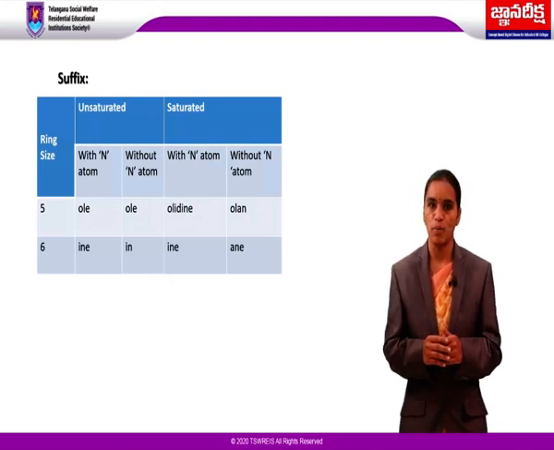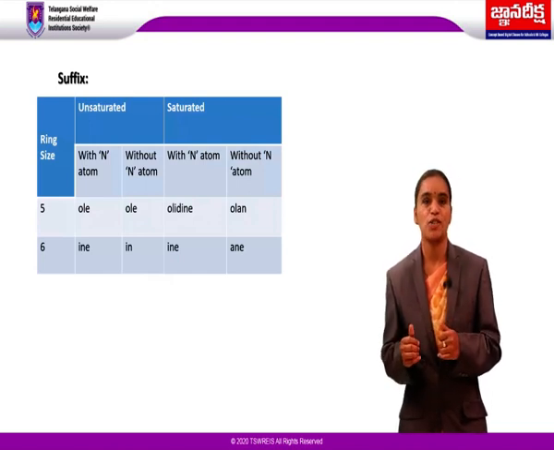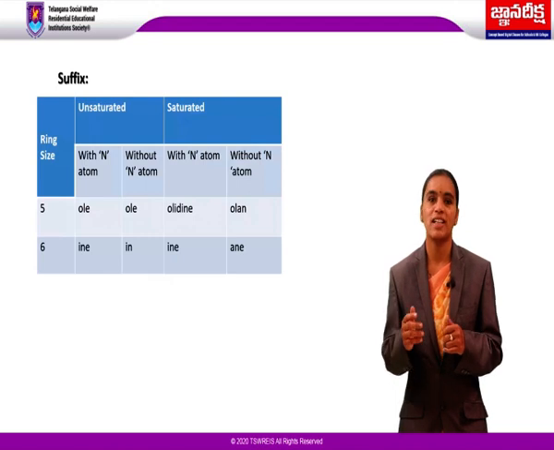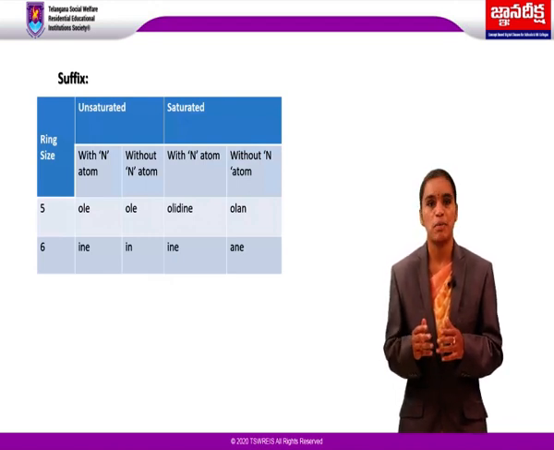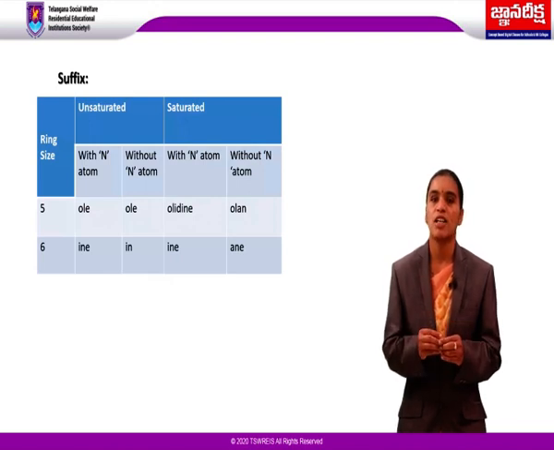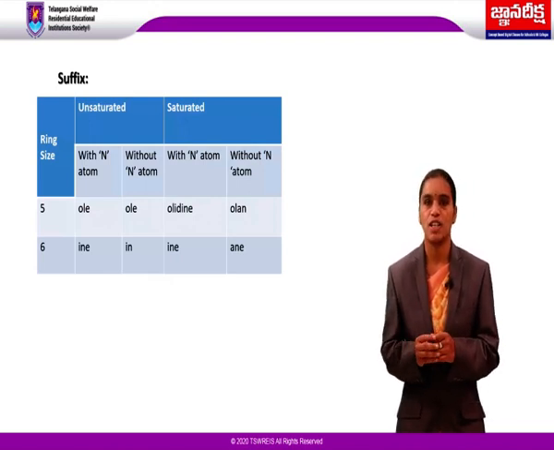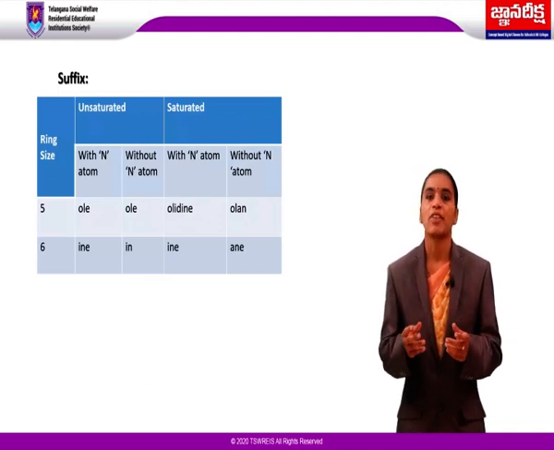If the given compound is 5-membered, unsaturated with nitrogen atom, see the table. Here the reference suffix is ole. Even for 5-membered unsaturated without nitrogen atom, the suffix is ole. But for some compounds, with nitrogen atom and without nitrogen atom, the suffix may be different.